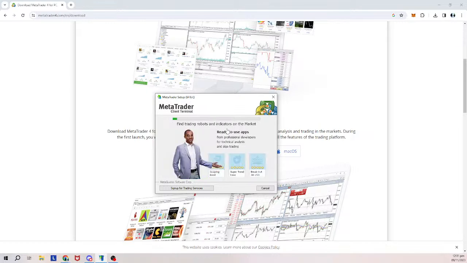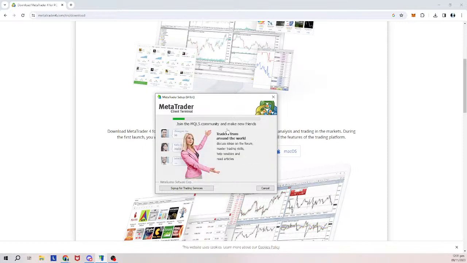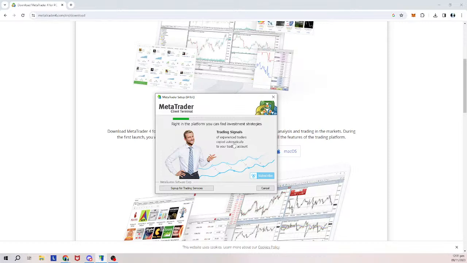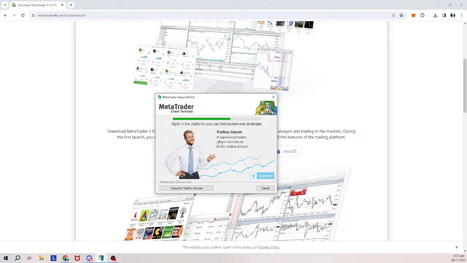Let's give that a second. So the idea here is that CFD trading is a bit different than actually buying and owning shares or stocks. CFD stands for contract for difference.